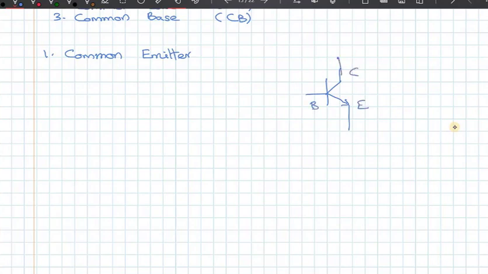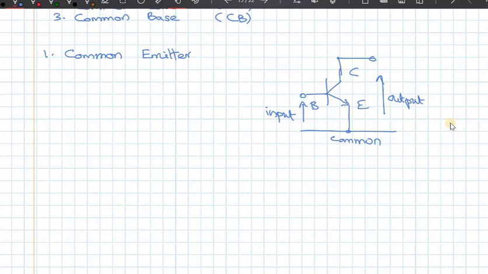You take the output from collector, input from base with respect to emitter. Okay, so this is the input, this is the output, and this is the common terminal. That is why we call it a common emitter circuit.